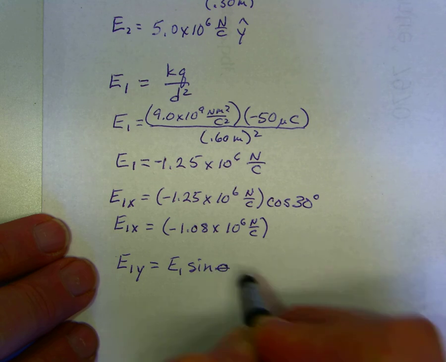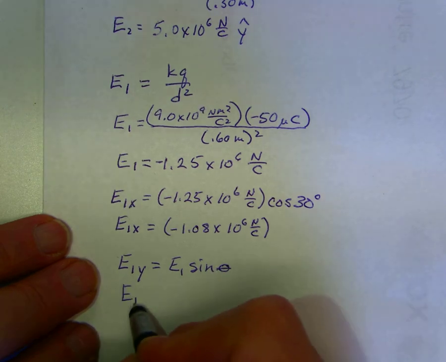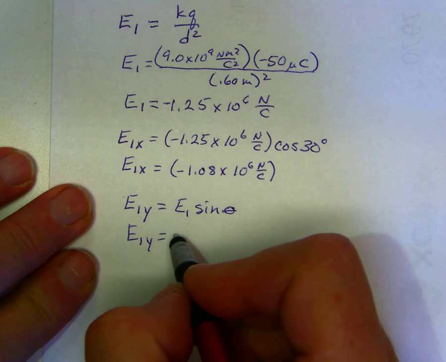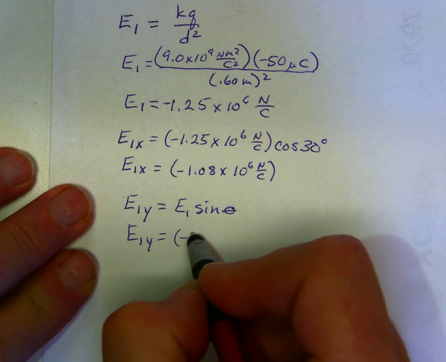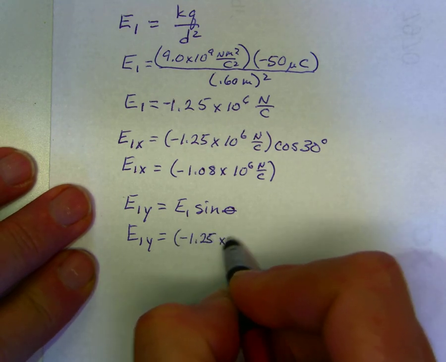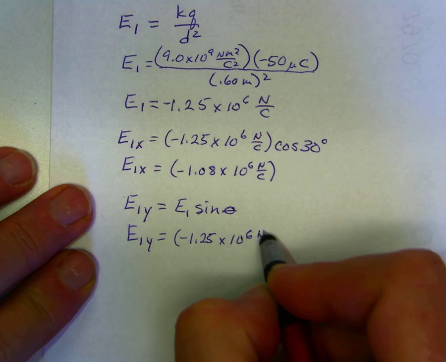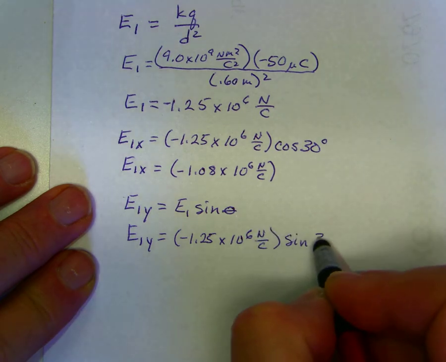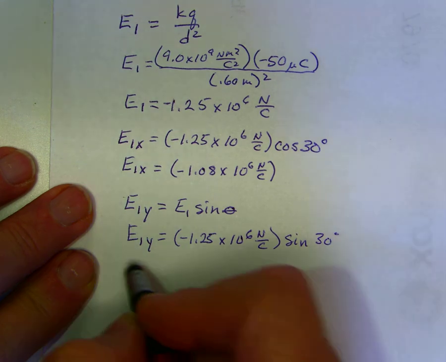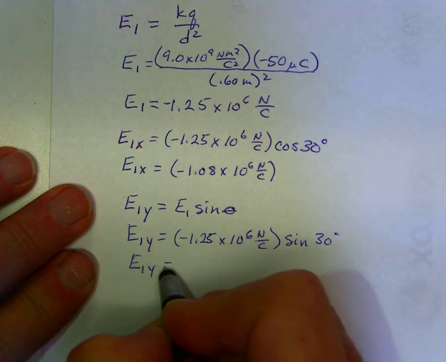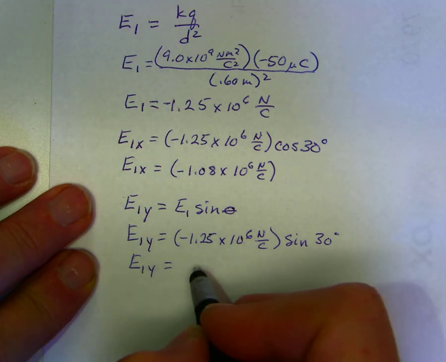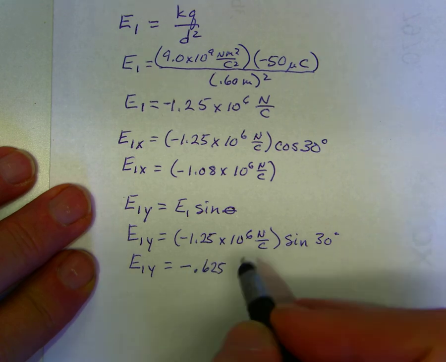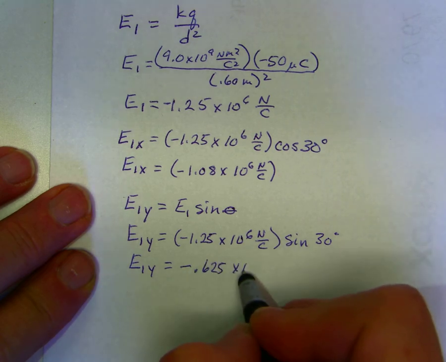We have the hypotenuse, the value we just calculated for E1. So to find the adjacent side, E1 in the x direction, multiply by the hypotenuse: E1 cosine theta equals E1 in the x direction. Okay?